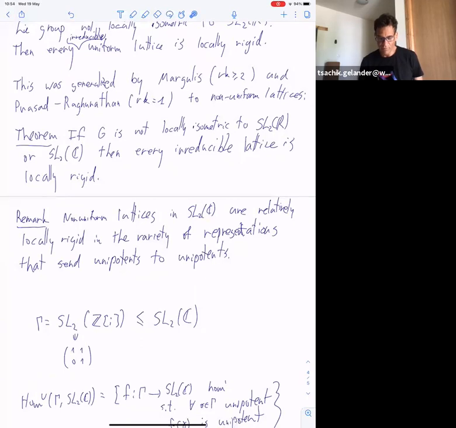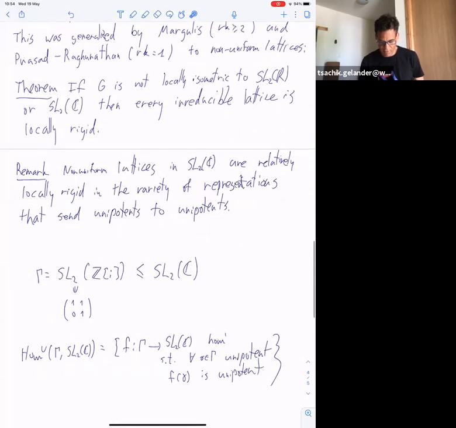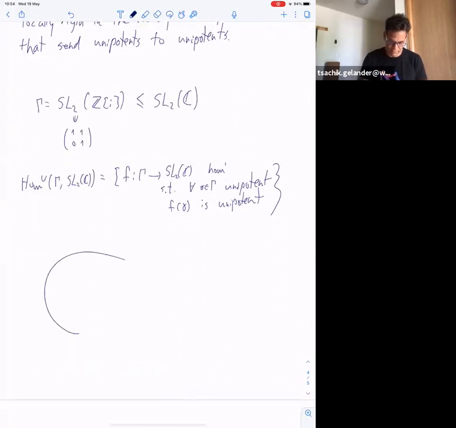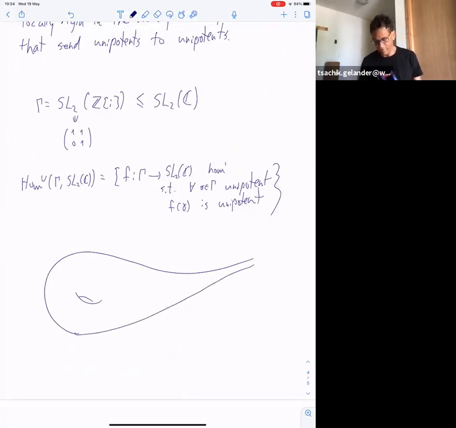So if you have a three-dimensional manifold, this is how we visualize a surface with a cusp, but suppose it's three-dimensional.